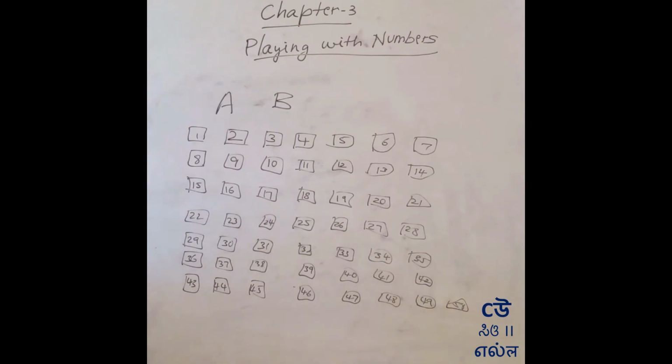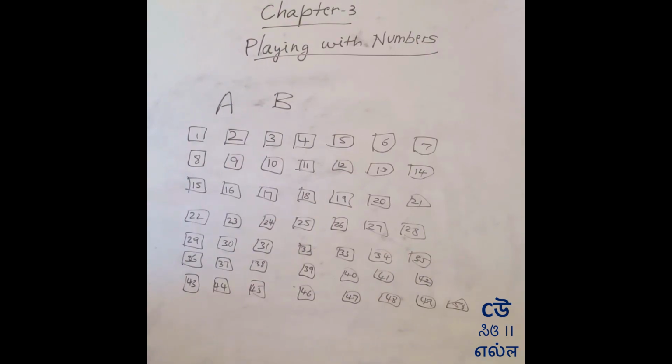Then by counting the cards with A and B, whoever has more cards will be the winner. So you can play this game with your friend and see who will win.